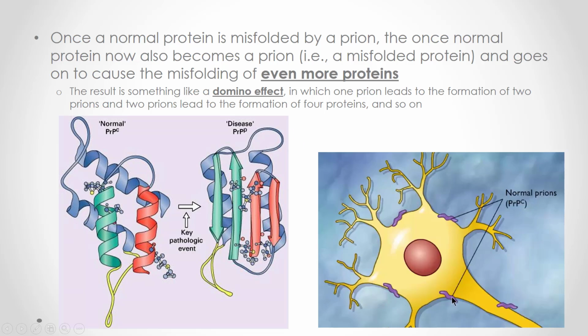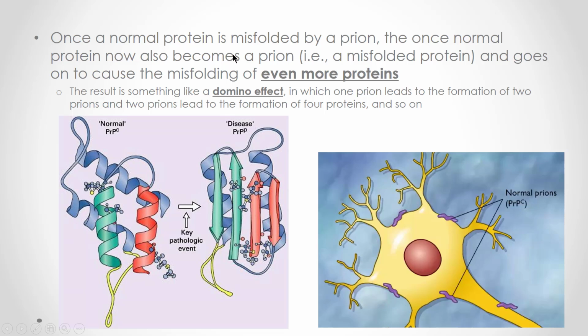You're going to have these normal proteins scattered throughout these nerve tissues, and as one infectious prion comes in, it'll misfold one protein, and now that misfolded protein can go on to misfold more proteins. So every time a new protein misfolds, it becomes infectious to cause misfolding in other proteins.